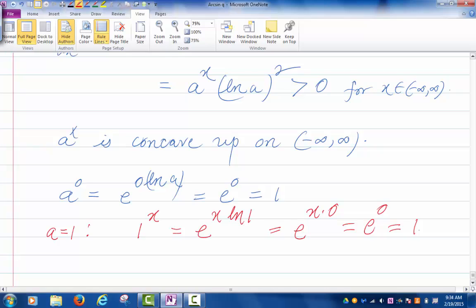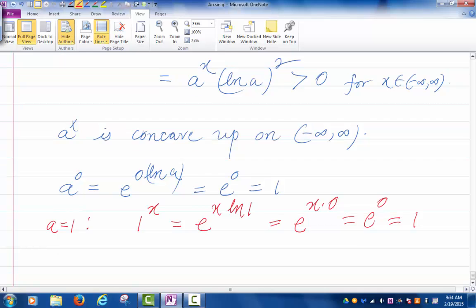So that means when a is 1, this is a fake exponential function. That is, this function is actually the constant function 1. Why do I say it's fake? Because when we talk about exponential functions, we don't mean that one. Is everybody clear?